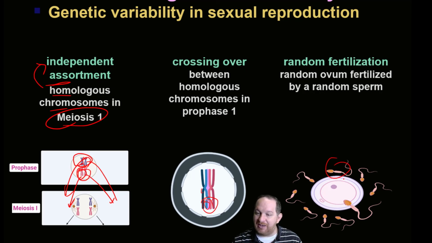The random sperm getting into the random egg increases genetic variation. So as you think about all of this, all of meiosis, what you need to remember is that meiosis is the process of taking us from a diploid organism, 2 times the number of chromosomes, to haploid organisms in egg and sperm.